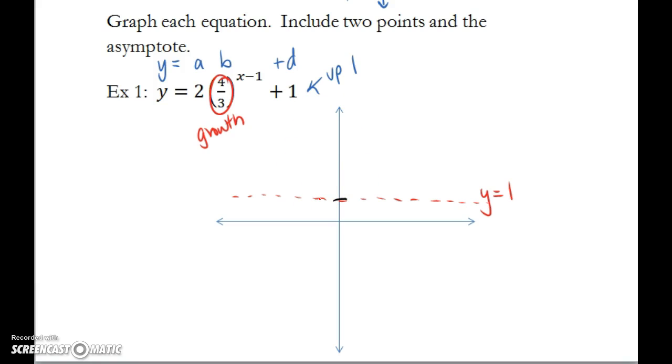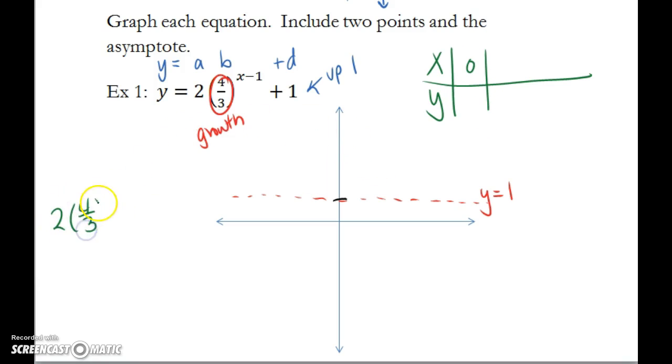Okay, so now let's pick some points. We can just create even a mini xy table here. Let's start with 2 points, and then we'll go from there. Let's say that I pick x to be equal to 0. So let's plug 0 into our function. 2 times 4/3 to the 0 minus 1 plus 1. You can use your calculator if you want.